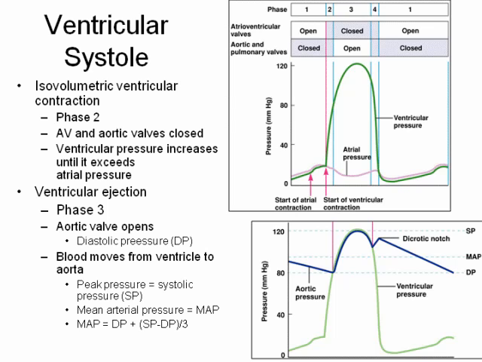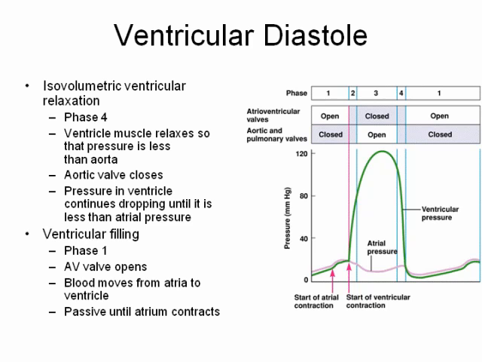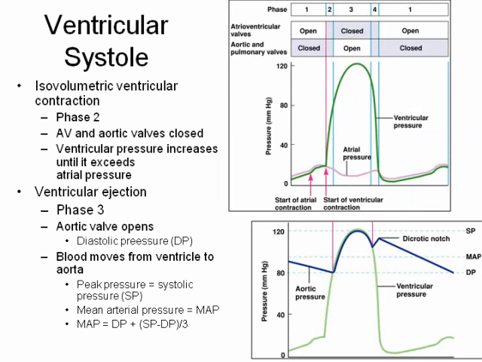And then from that point on, the ventricular pressure is going down because the muscle is continuing to relax. So that was ventricular systole. Now let's take a look at ventricular diastole. So ventricular diastole starts right here as soon as the aortic valve closes.